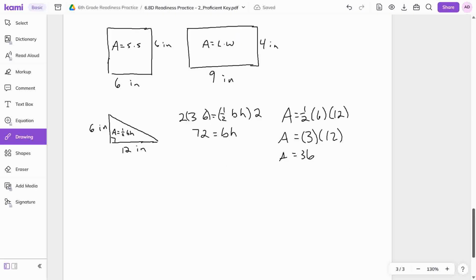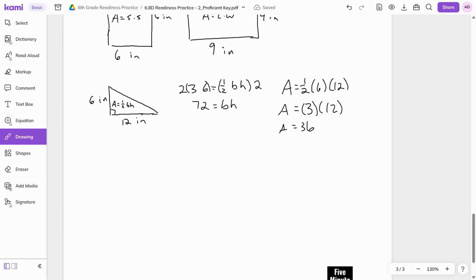I also can make a trapezoid. So that could be my 4th shape. Could do a parallelogram if we wanted to. Let's do a trapezoid. Now, a trapezoid is 1/2. Now I've got my base 1 plus my base 2 times the height. So we're going to do the same thing.